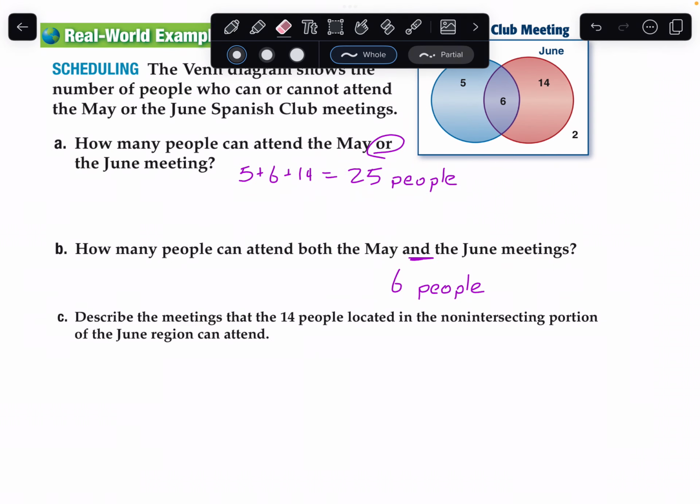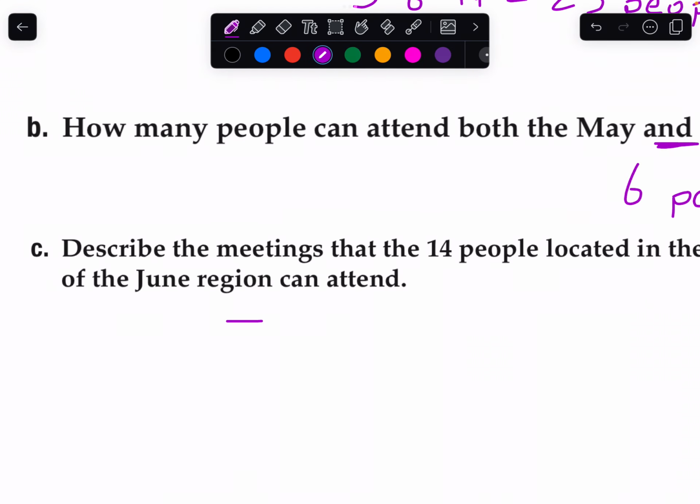Okay. And C, describe the meetings that the 14 people located in the non-intersecting portion of the June region can attend. That would be 14, and they can attend the June meeting, clearly.